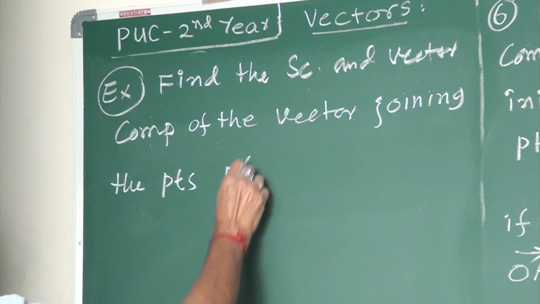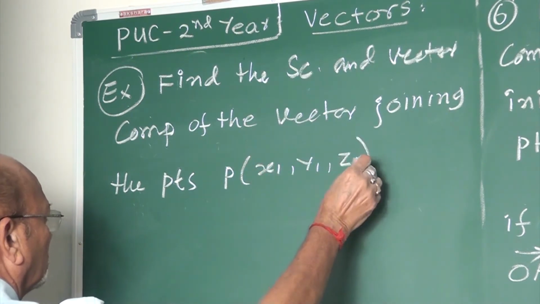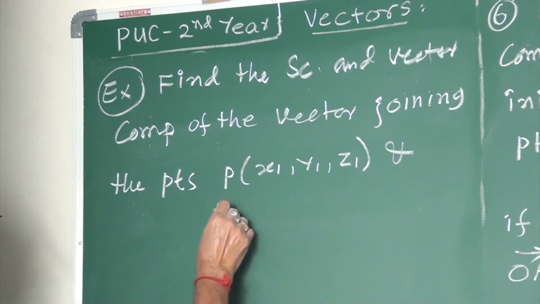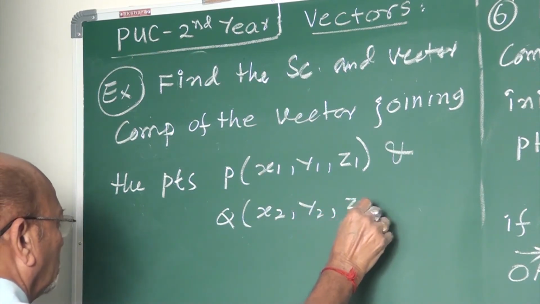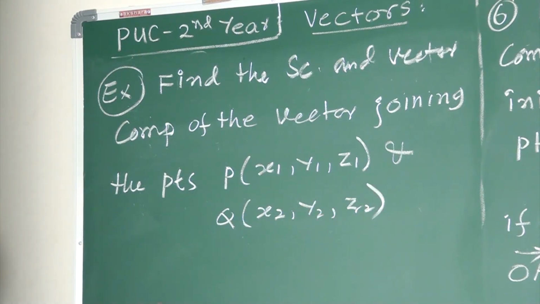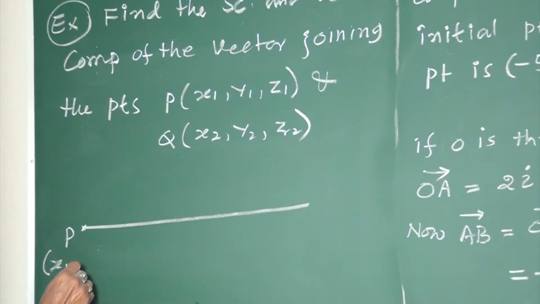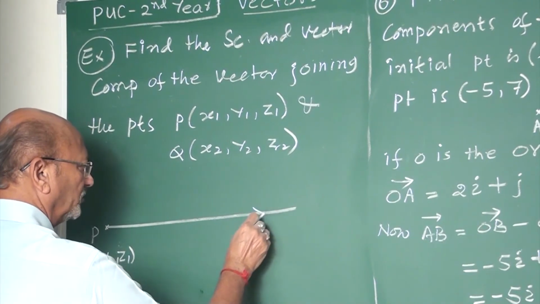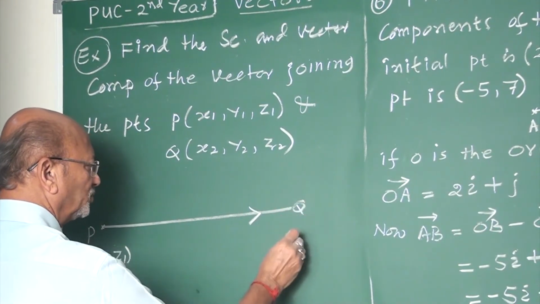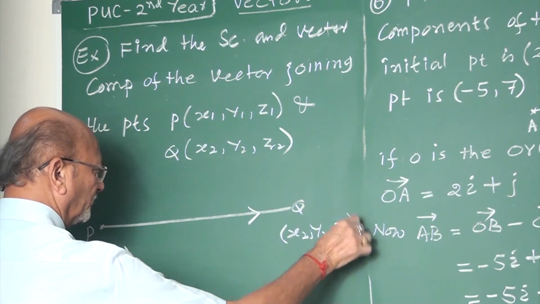First P, its coordinates are x1, y1, z1, and the second point is Q, x2, y2, z2. Yes, my friends. These are the points and this is the vector. This is P, the initial point, x1, y1, z1. This is the vector PQ. This point is Q, with coordinates.